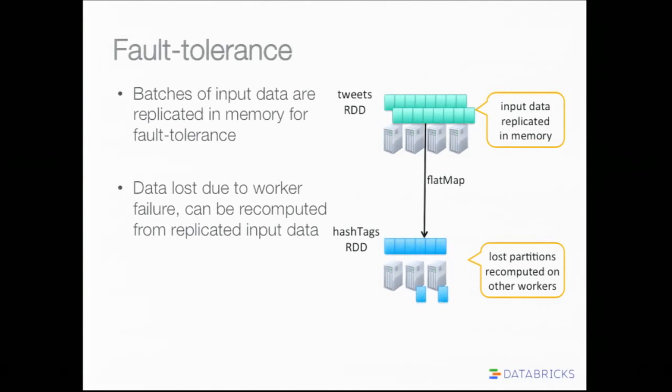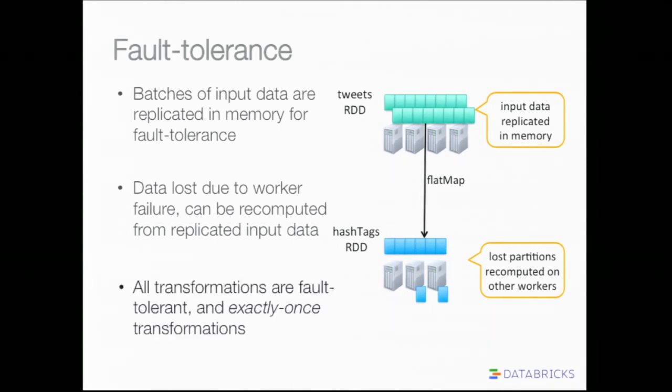And so your computation will never be affected by any failure of any of the workers. As a result, all the transformations that we do, counting everything, have the exactly-once property, no matter whether there is a worker failure or not.